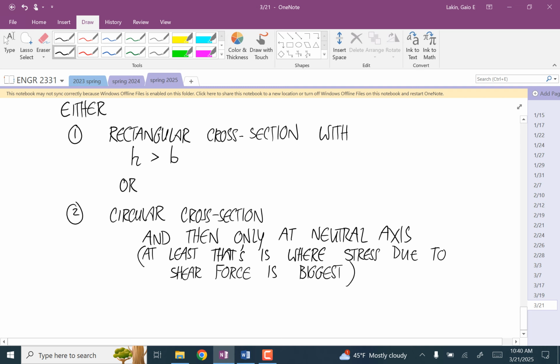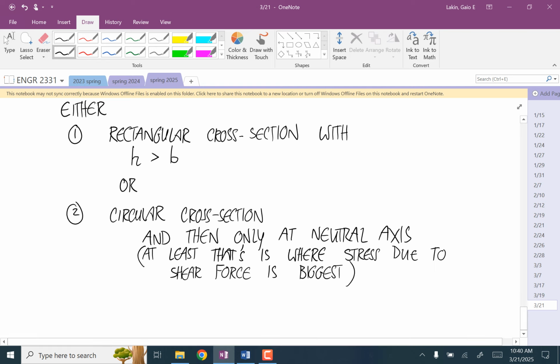But the problem with a circular cross section only doing the neutral axis is, that's where the stress due to shear force is biggest, but that's where the stress due to bending moment is zero. So there's important stuff going on at other places on the cross section. So this is a real problem. Anyways, that's why you want to remember these restrictions.